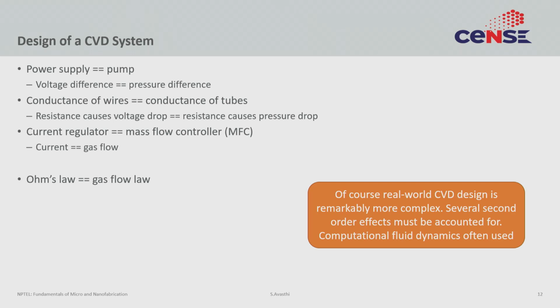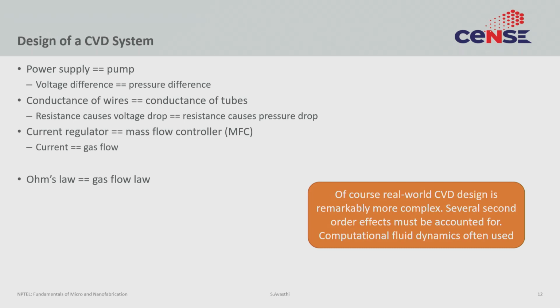I will just leave you with this generic idea that I introduced, which is that when you are analyzing a vacuum system, when you are analyzing fluid flow, it is often useful to think of pumps as essentially power supplies, things that create voltage gradients, things that create voltage differences. So, tanks and pumps, gas cylinders and pumps are nothing but something that creates high voltage and something that creates low voltage.